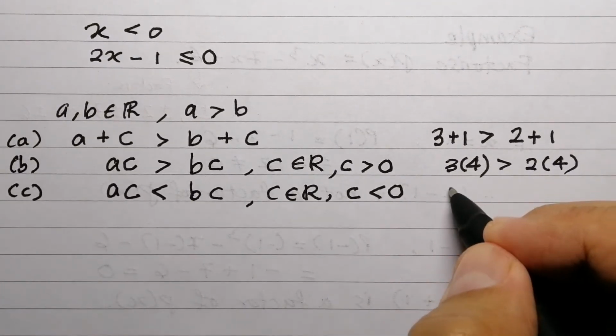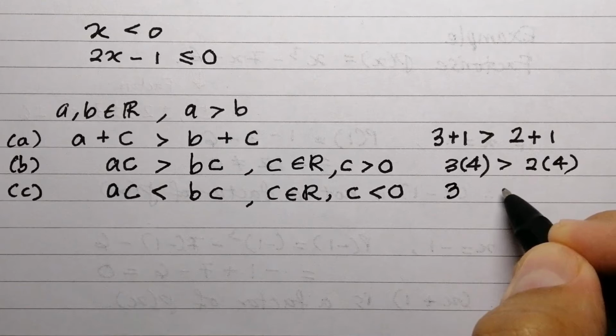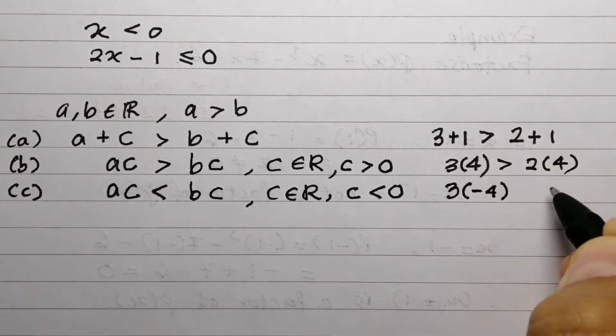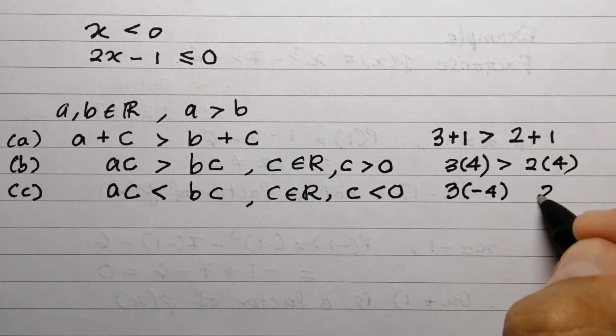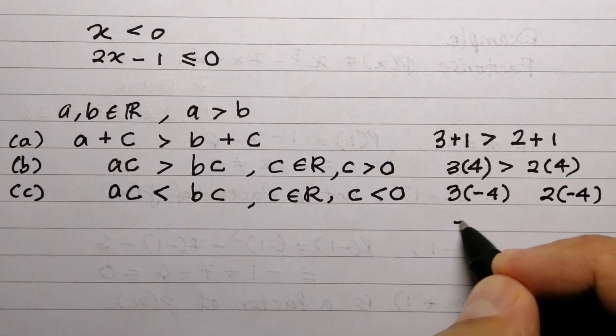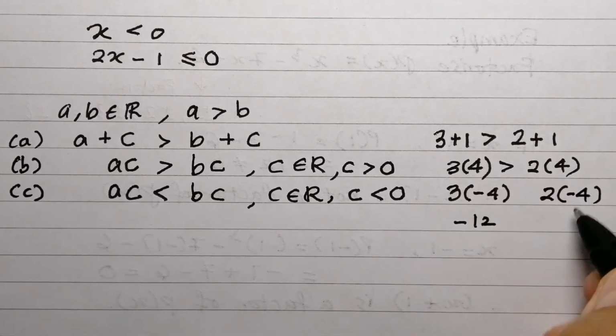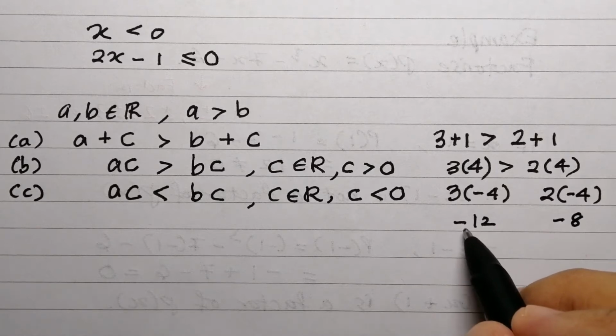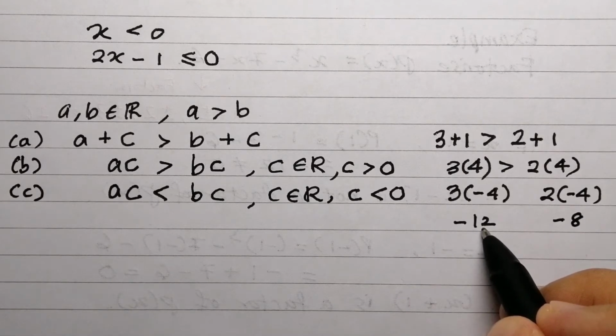Then for the negative, we use negative 4. Look at 3 times negative 4 and 2 times negative 4. 3 times negative 4 is negative 12, and 2 times negative 4 is negative 8.